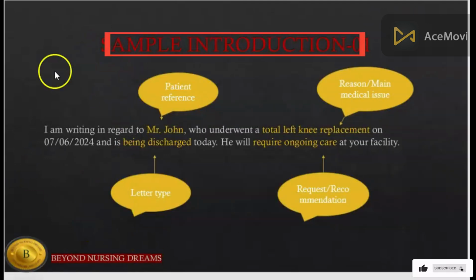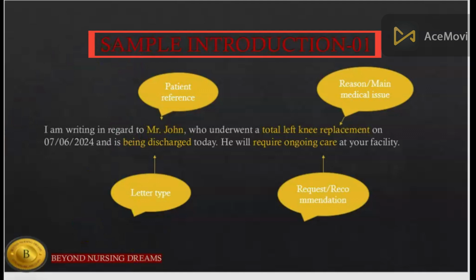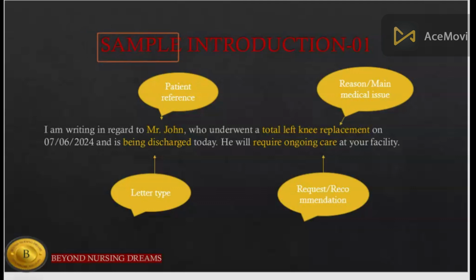So this is sample number 1 on your screen. As you can see, I have mentioned the patient reference, the reason or the main medical issue, the letter type, and the purpose or recommendation, or you can say the request of the letter. It says, I am writing in regard to Mr. John.